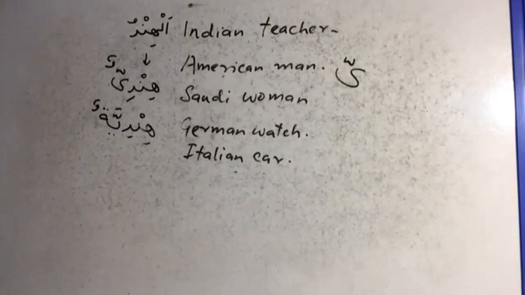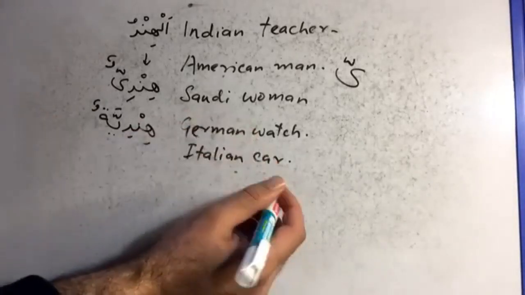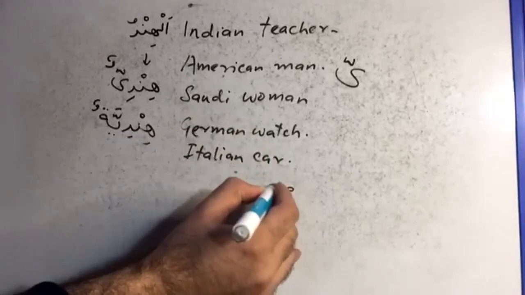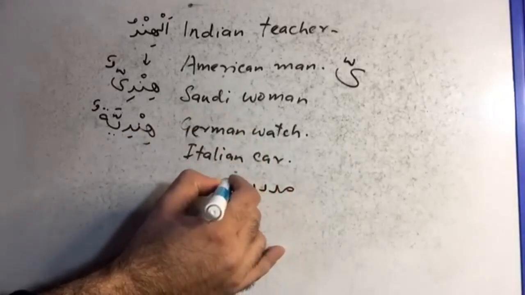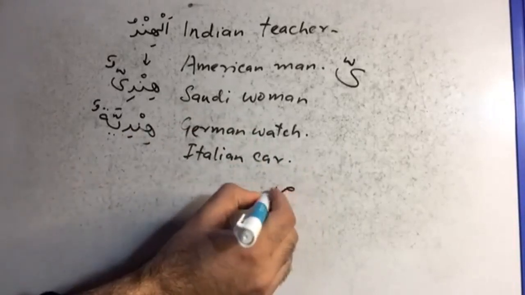This is sifat, right? So if I were to say Indian teacher, for example if it's nakira, I'll write with the muzakkar, okay?